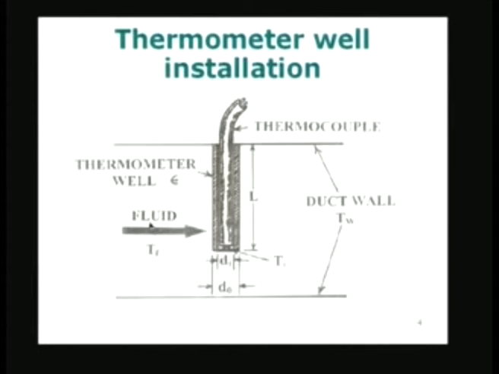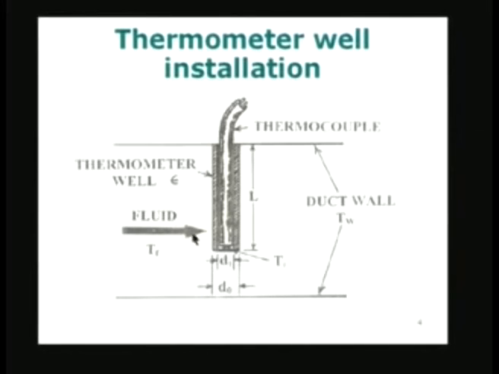And of course, when a fluid is flowing normal to a cylinder like this, the well appears as a cylinder as far as the fluid is concerned. There will be exchange of heat because of the flowing fluid, and the effectiveness of the heat transfer mechanism is determined by the velocity of the fluid through the Reynolds number.